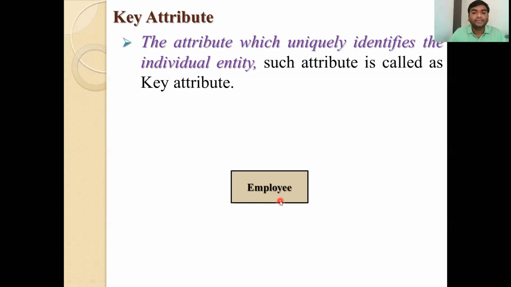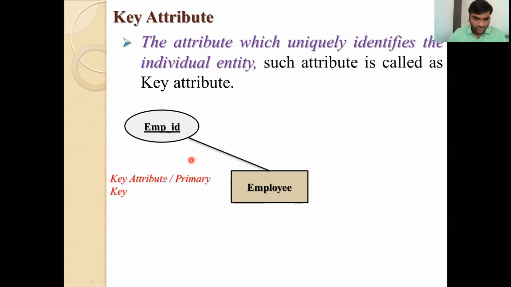Let's take an example of employee. Employee is one entity. Employee ID is a key attribute, because the company provides an employee ID to each and every employee. It is also known as the primary key, because from the employee ID you can uniquely identify that employee.